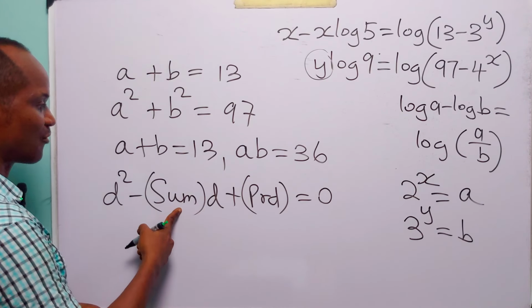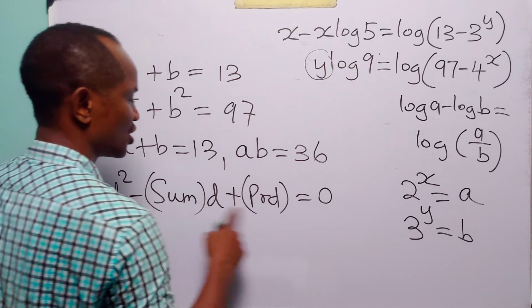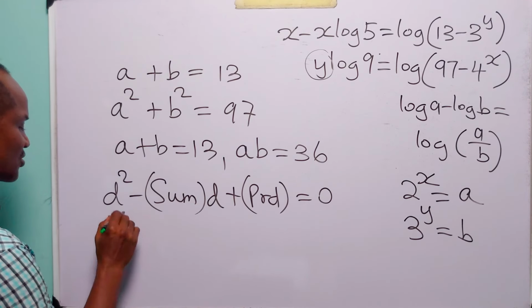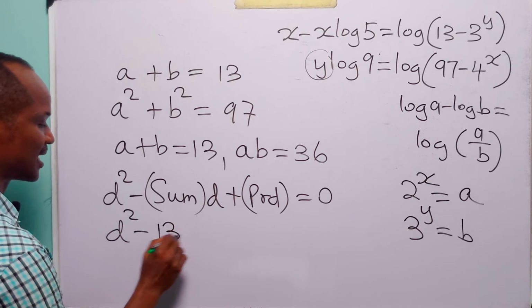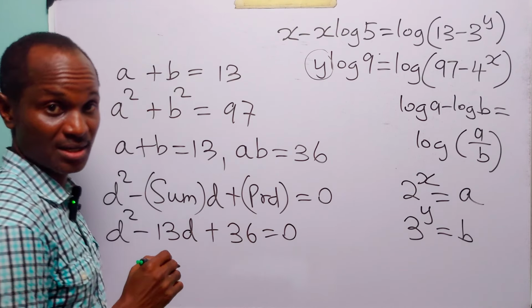Of course, you know that the sum of roots is 13 and the product of roots is 36. So we have the quadratic equation d squared minus 13d plus 36 is equal to 0.